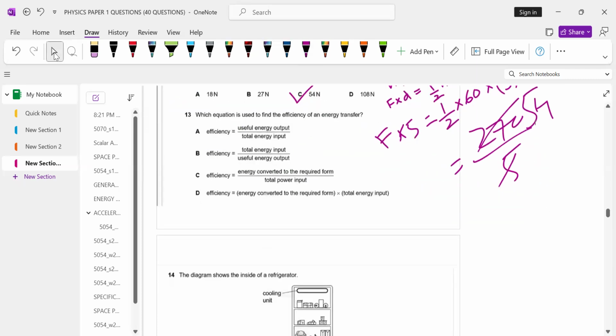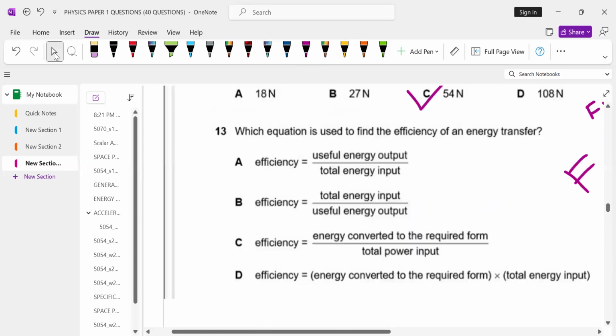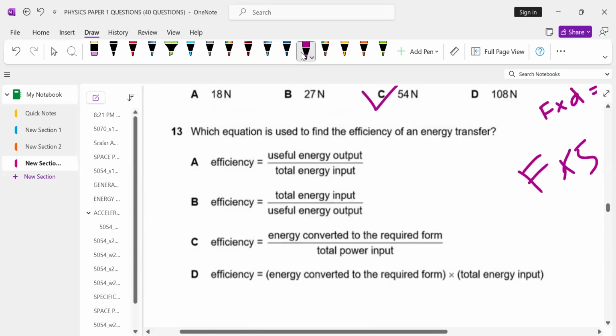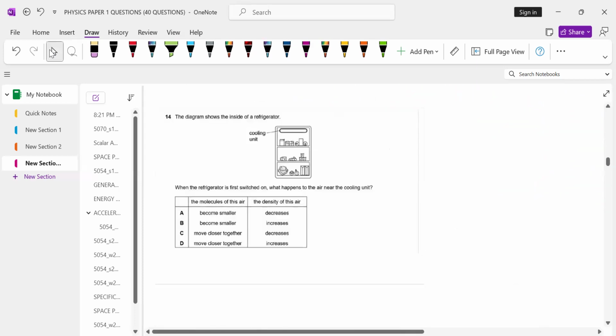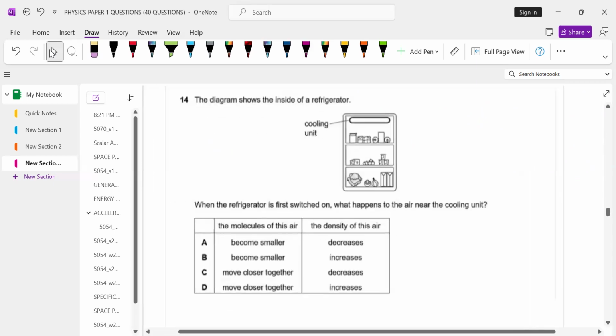Let's move towards question number 31. Question 31 says which equation is used to find efficiency of an energy transfer. So, efficiency equals useful energy output divided by total energy input. Option A is correct for question number 31. Then question number 32.